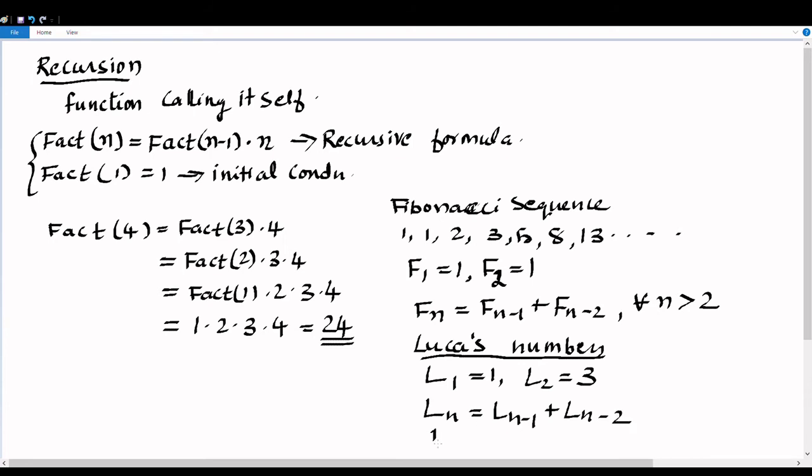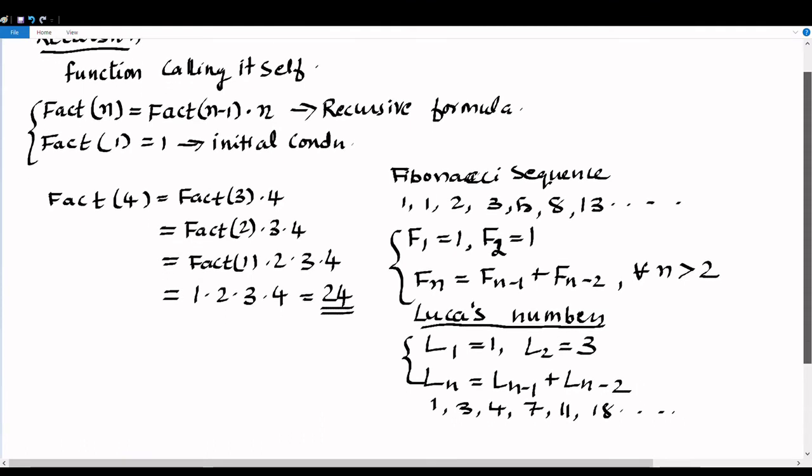So the sequence is 1, 3, 1 plus 3, 4, 4 plus 3, 7, 7 plus 4, 11, 11 plus 7, 18, etc. So these are all recursive formulae, of which the first one is called the initial condition, and the second one is called the recursive formula.